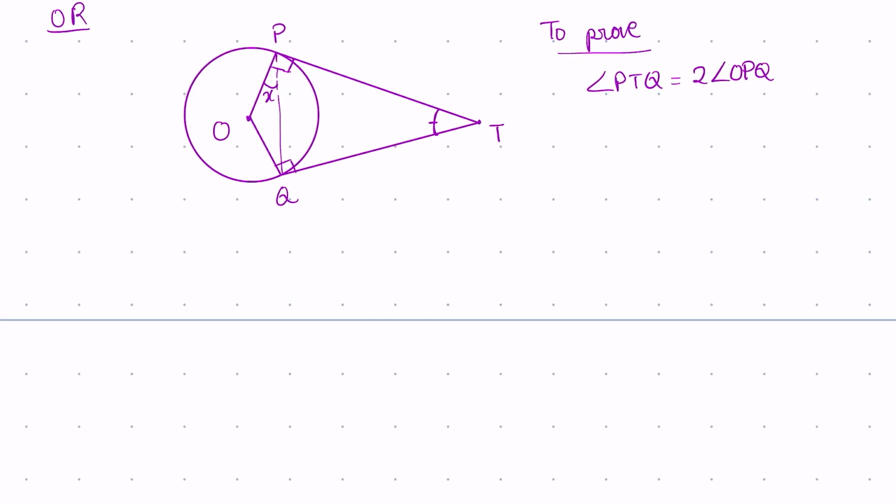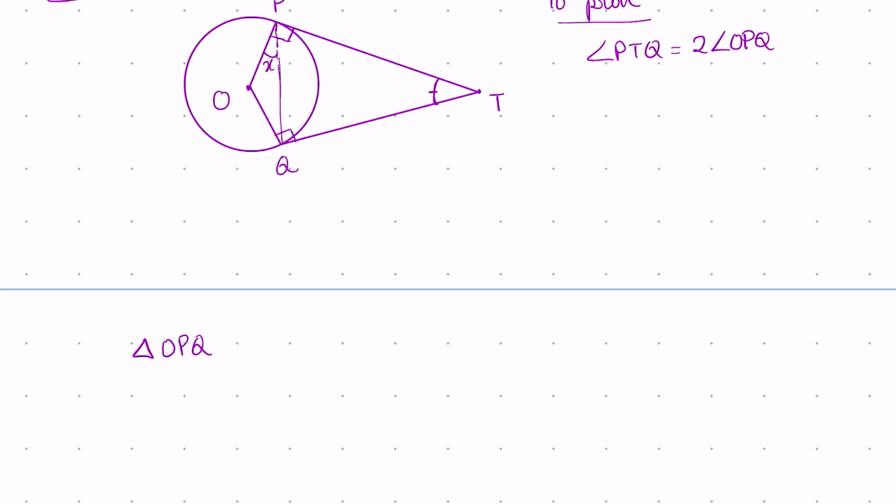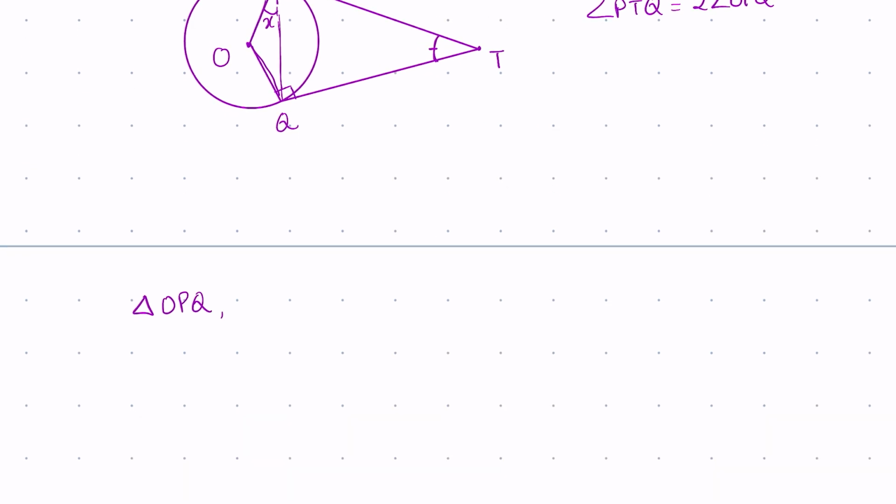So let's consider triangle OPQ, this small triangle. In triangle OPQ, OP is equal to OQ. Why? Because those are radii of the same circle, so obviously they must be equal.